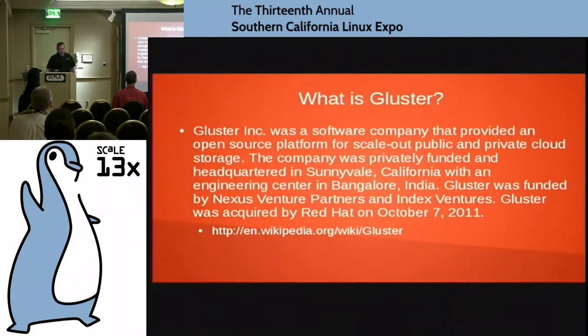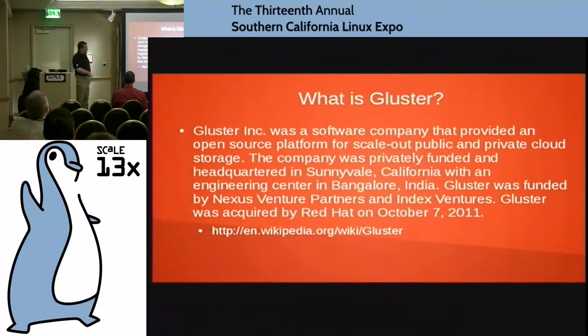All right. So what is Gluster? I think the thing to be aware of is that Gluster was actually an independent company, an independent project that was driven out of Sunnyvale, with a development center in Bangalore, India. The company was put together by a venture capital organization, and Red Hat bought Gluster back in 2011.